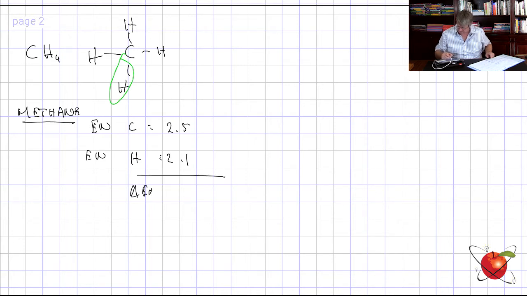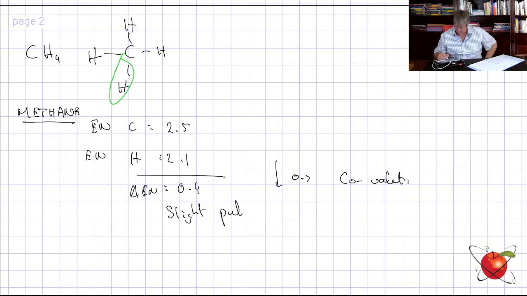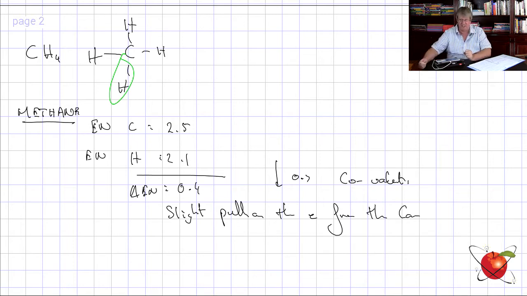Delta electronegativity is equal to 0.4. So it's less than 0.7, so it's covalent. There is a slight pull on the electrons from the carbon. So the carbon pulls the electrons a little more than it should. There is a slight pull.